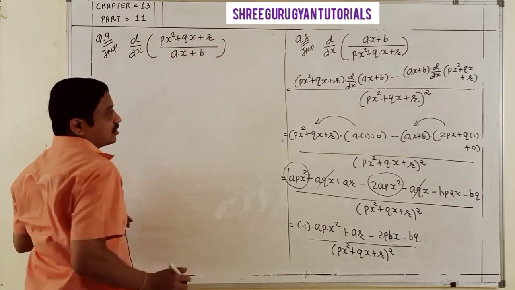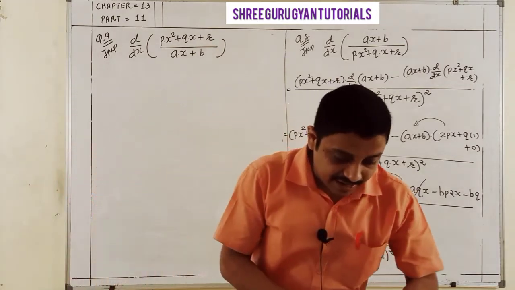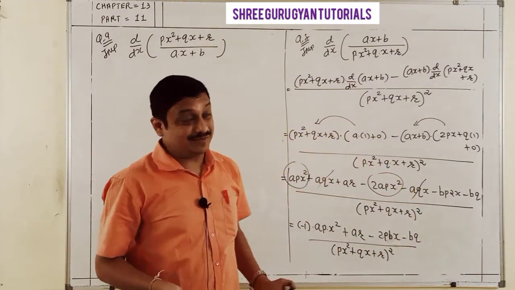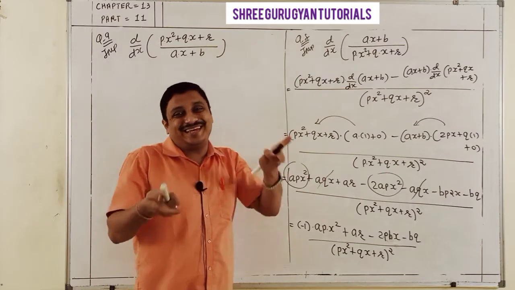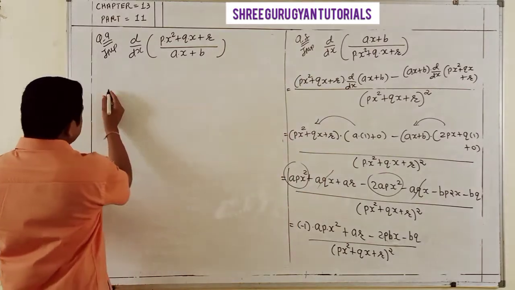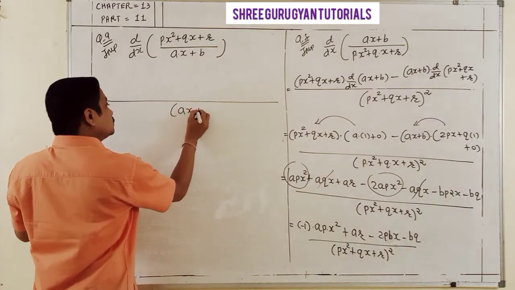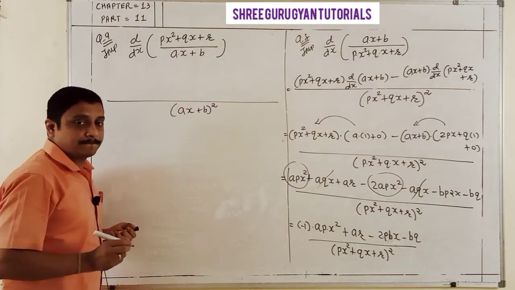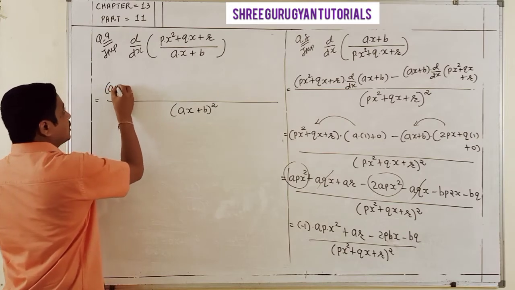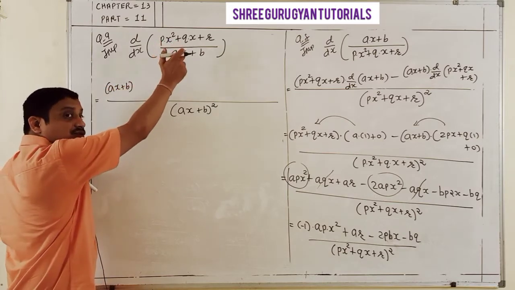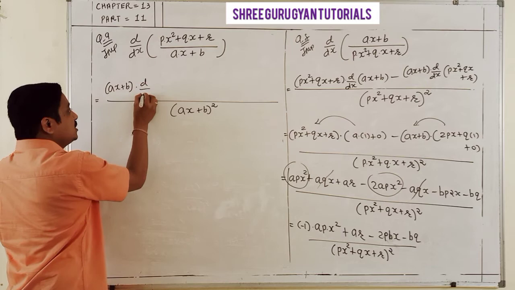Check one more time: px square plus qx plus r upon ax plus b is exactly the reciprocal of the 8th sum. Here also, students, I will start my division rule, in the denominator square. Now the numerator: for forming that, start first with the denominator times d/dx of the numerator.